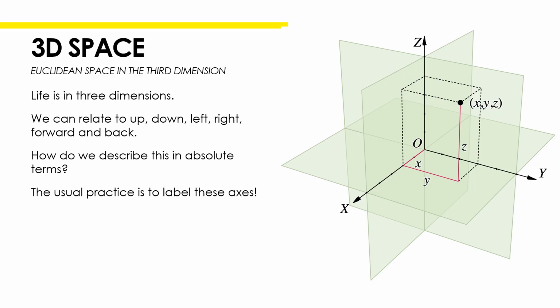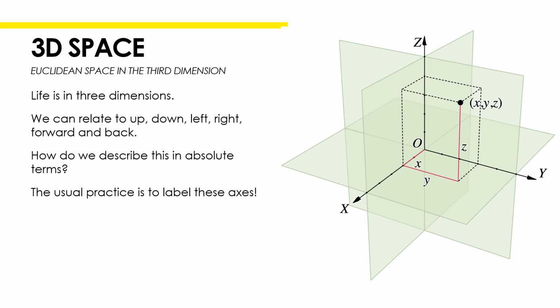When discussing Euclidean space in 3 dimensions, as we have in real life, we can relate to the directions of up, down, left, right, and forward and back. For games, though, we want to discuss things in absolute terms. In real life, when something is in front of you or behind you or to the left or right, this is usually done relative to your frame of reference and where you're standing.